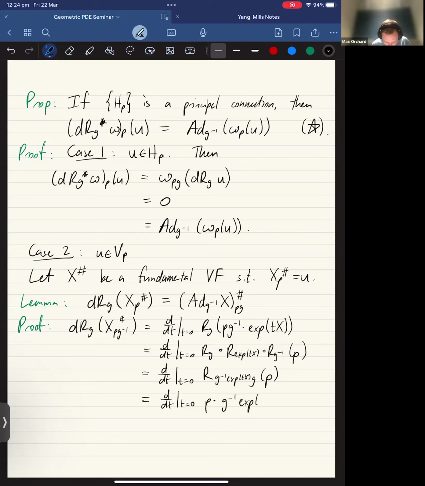So this is this, which is exactly the fundamental vector field of the adjoint evaluated at the inverse, because the inverse is the thing that comes first, of X evaluated at P. And this proves the lemma, because we can also just consider it at the point P as opposed to PG inverse. So yeah, this is kind of just playing around with the definition a bit. Nothing I don't think too enlightening here.